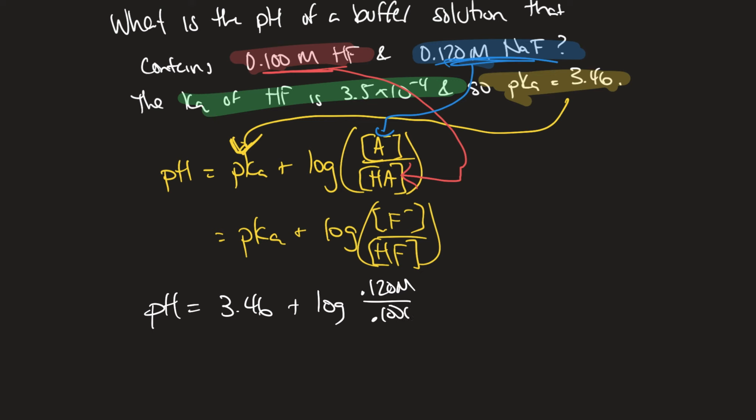If you put this in the calculator correctly, we'll find that the answer is 3.54. So now we see that the pH of this solution is 3.54, and the pKa is 3.46. The pKa and the pH are roughly the same number, so this tells us that this is a really good buffer solution. Okay, so this is buffers.